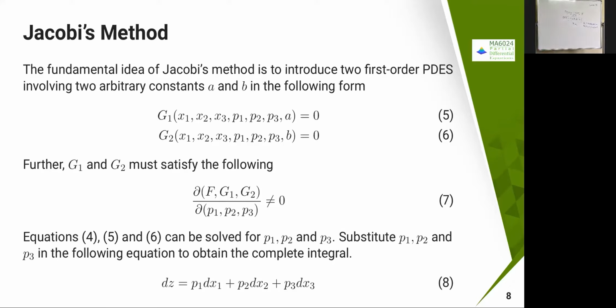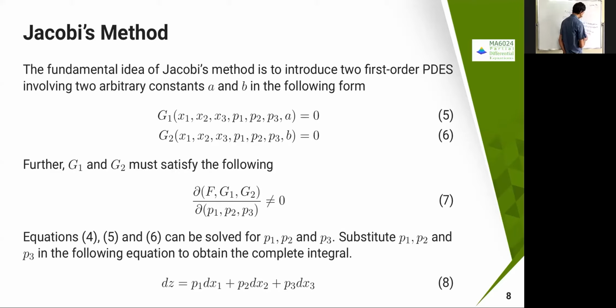In addition, I am imposing some more conditions. The Jacobian, dou of (f, g1, g2) divided by dou of (p1, p2, p3), should be not equal to 0.